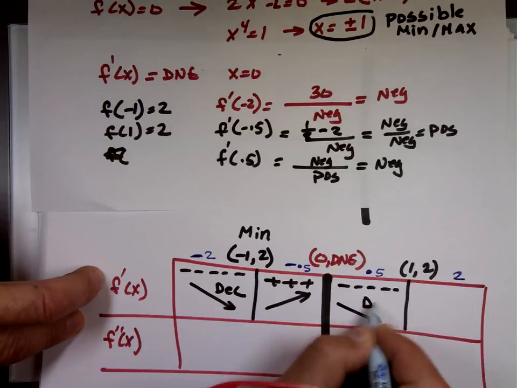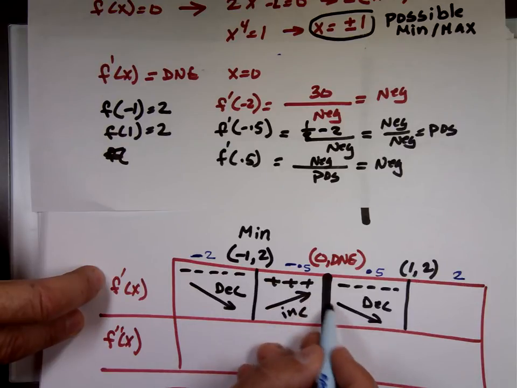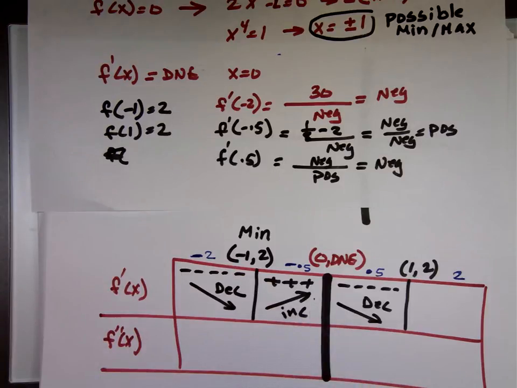What's this point here? Min or max? Neither. Why? It's a hole, right? It's a gap there. That's why I made the big thick line to remind you. That point is not connected, so you've got a hole in the graph, a separation. So it's not a min, it's not a max.